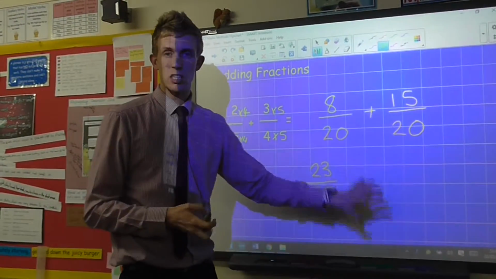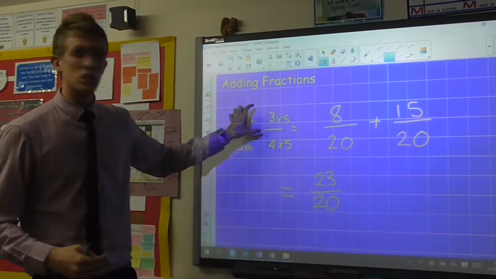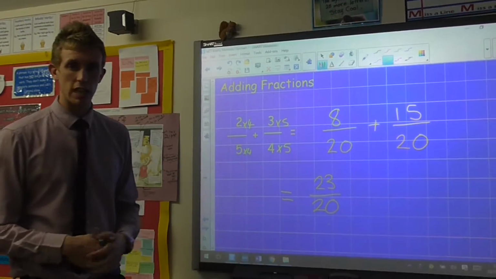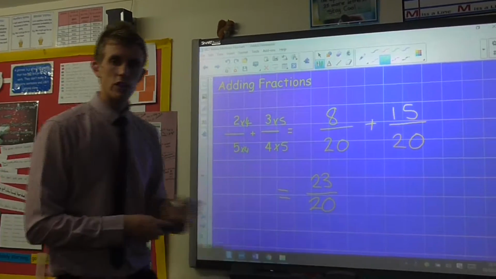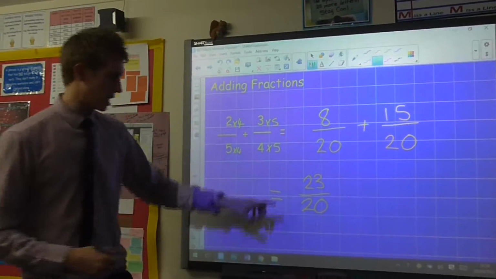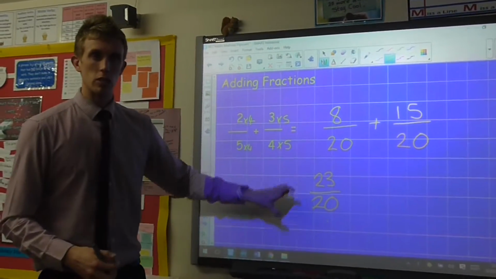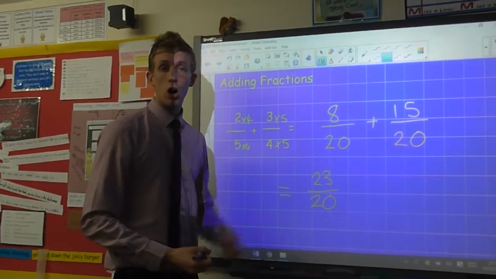Often the children are asked, can they simplify it down to a simpler fraction? These original fractions were simpler than this, so I need to see if I can simplify it down. Actually, I can't find an equivalent fraction that will simplify that down because 23 being a prime number, I'm not going to be able to do it. But what I can do is, I've got 23, so I've got more than a whole one.